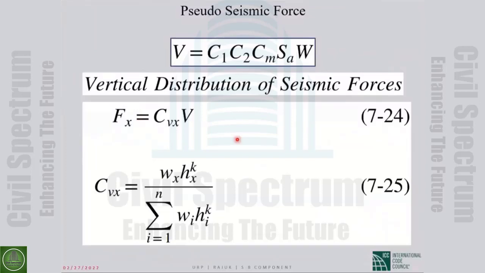For linear analysis, the superposition is there, so we can apply first the lateral load, then the gravity load cases, and combine them together. Very nice, very beautiful mathematics for the elastic analysis superposition.